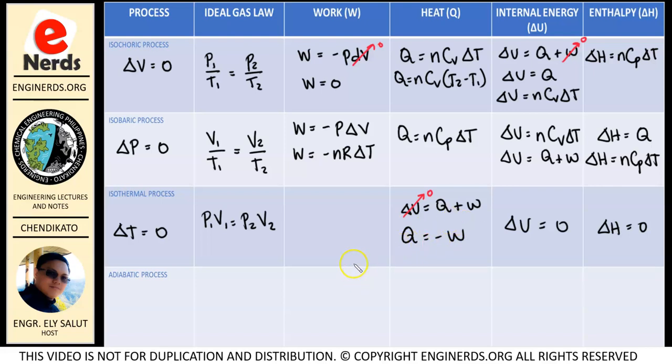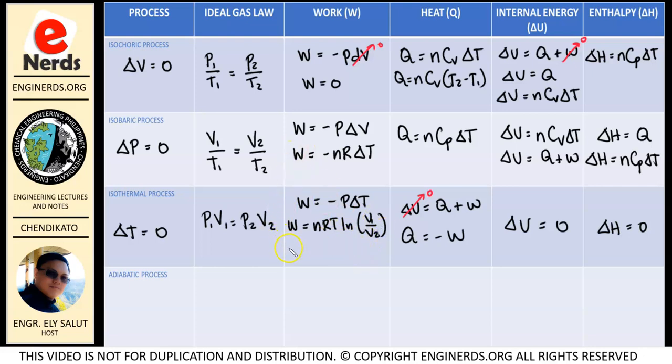Now, how about for work? We know our equation for work, which is equal to negative P delta V or PdV. So this still applies, no? But working on this equation, we will be able to derive this equation: W is equal to nRT ln V1 over V2.